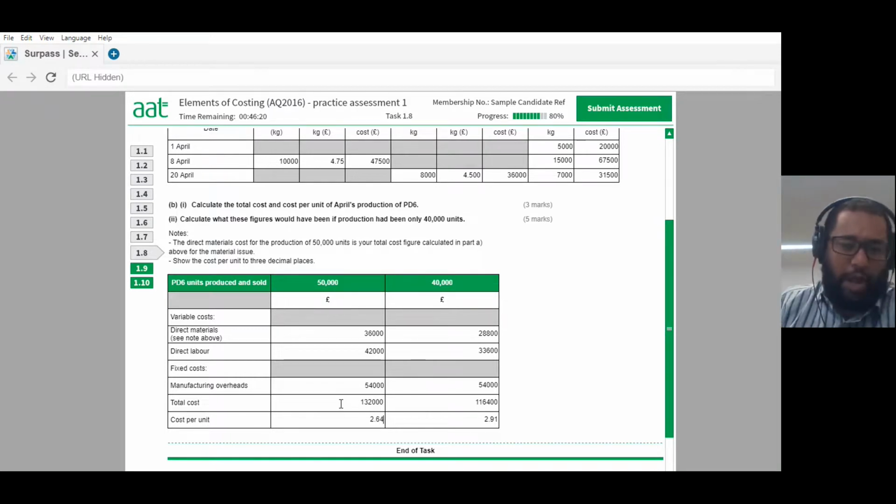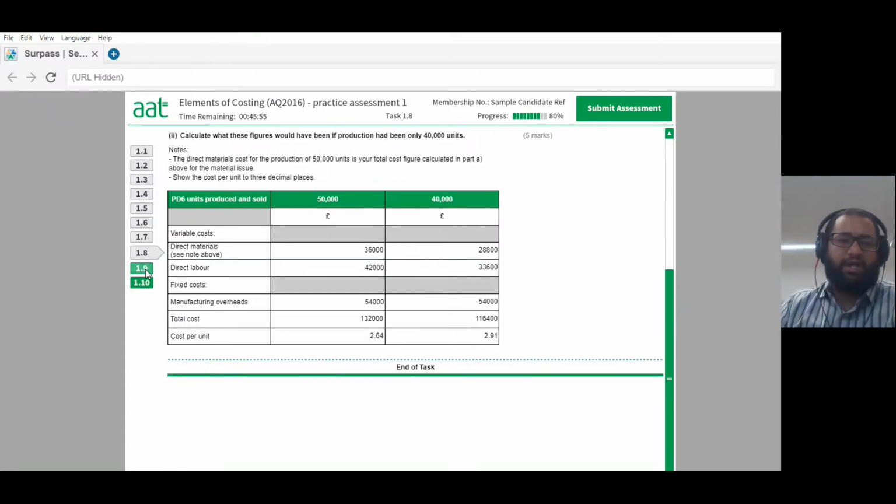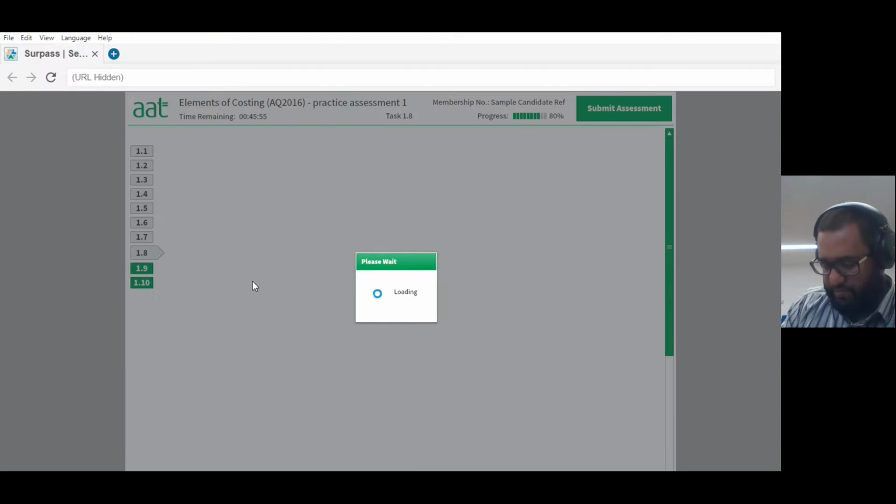So what do you notice now? If you produce more, your unit cost is going to be lower. When you make less, your unit cost increases. Classic example, because the manufacturing overheads are only getting absorbed by fewer units, therefore the cost increases. The more units you produce, the more this gets absorbed by more units, and the cost per unit comes down.